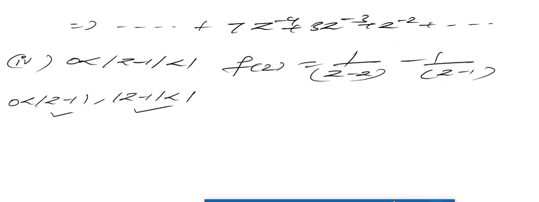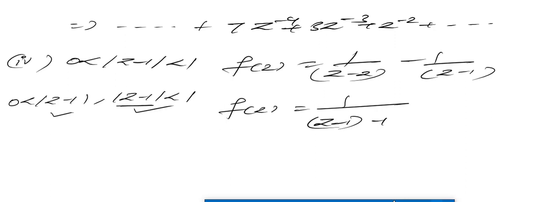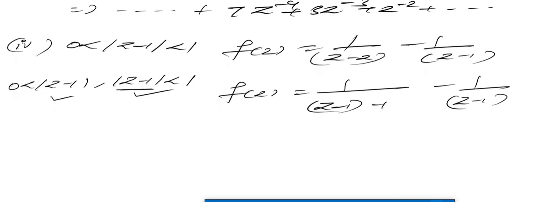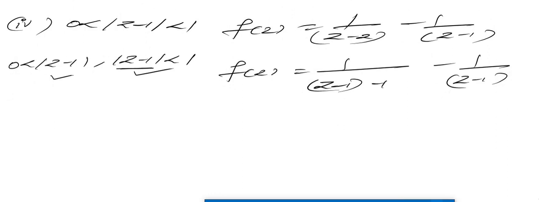So the given function f of z, you need to try to alter it in the z minus 1 form. So I can write z minus 2 as z minus 1 minus 1, minus 1 by z minus 1. This is the easiest approach to get the solution. And it's very clear z minus 1 is less than 1, so you don't have to take anything common out. You can just directly take the minus sign and shift these terms to the numerator.